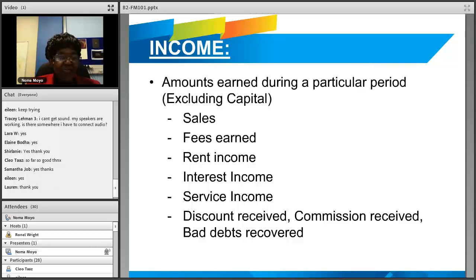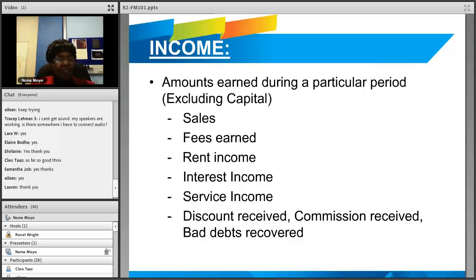So those 12 months that we are reporting for, the income that is earned can be sales, fees earned, rent income like the one where we say a tenant paid 500, interest income, service income, discount received. Discount received is where we buy goods on credit and then our suppliers, because we have bought in bulk, give us a discount. Commission received.